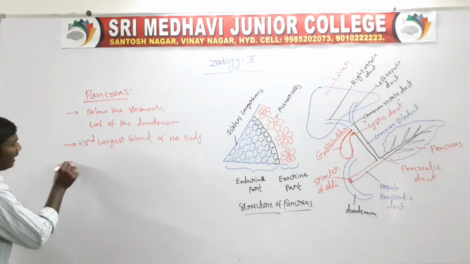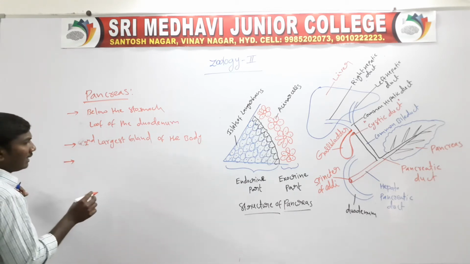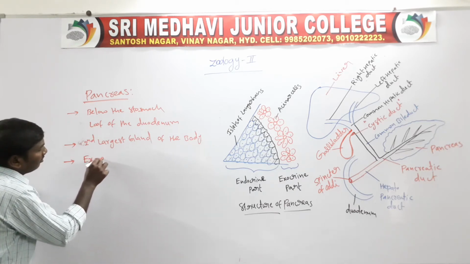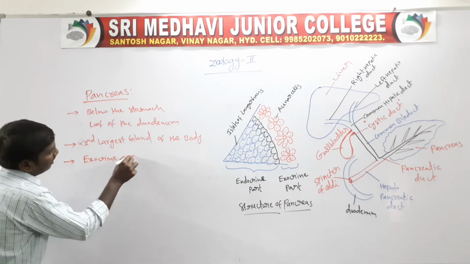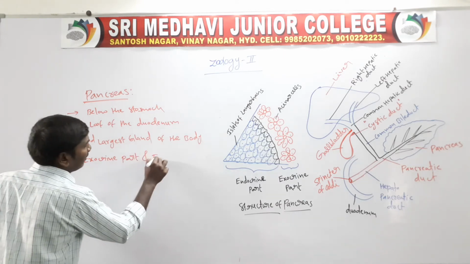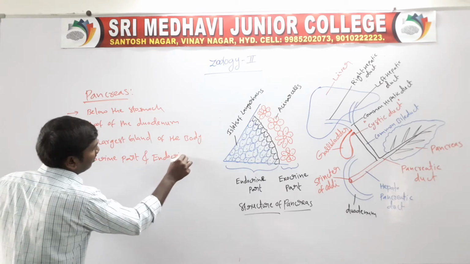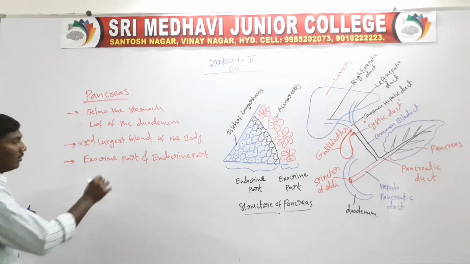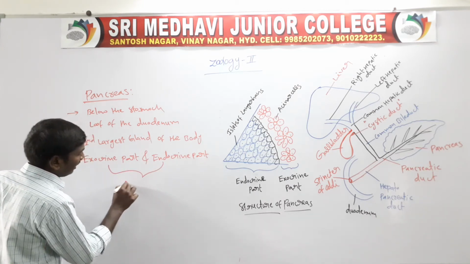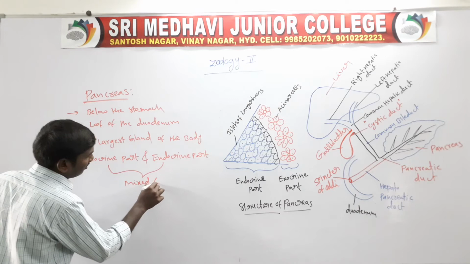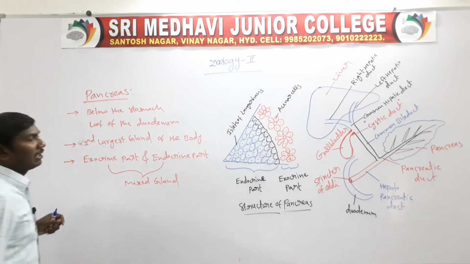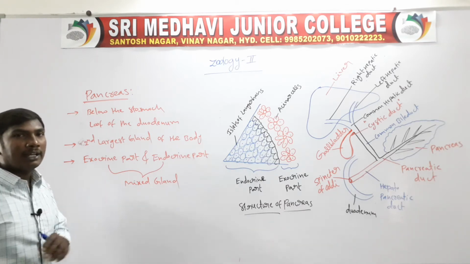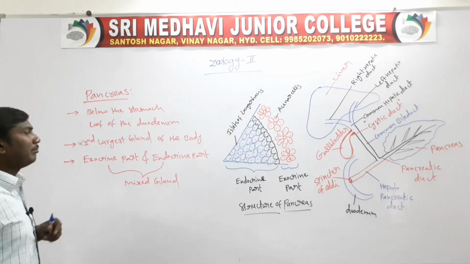The pancreas has an exocrine part and an endocrine part, exocrine function and endocrine function. So this gland is called the mixed gland. The pancreas is a mixed gland because it has both endocrine function and exocrine function.